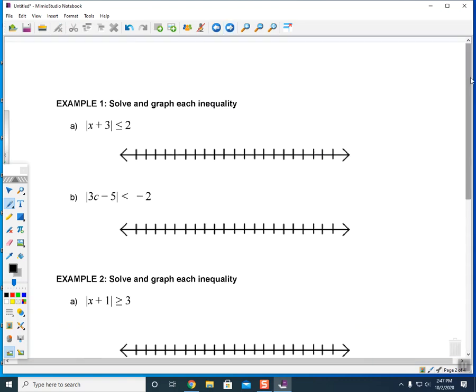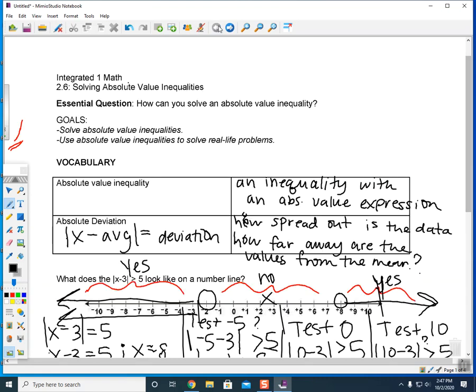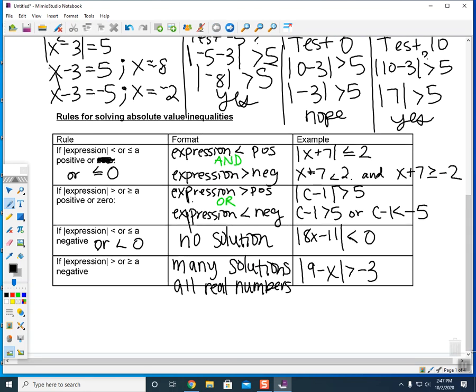Okay, so we've got some examples. The absolute value of x plus 3 is less than or equal to 2. If I look back at my chart, I'm going to flip back over here. I know that less than or equal to means that I'm going to have an and statement here.